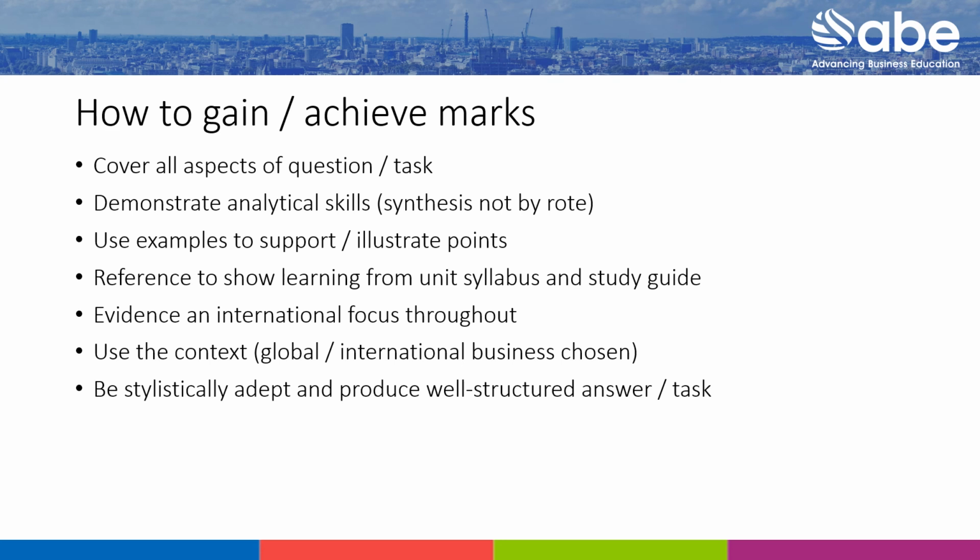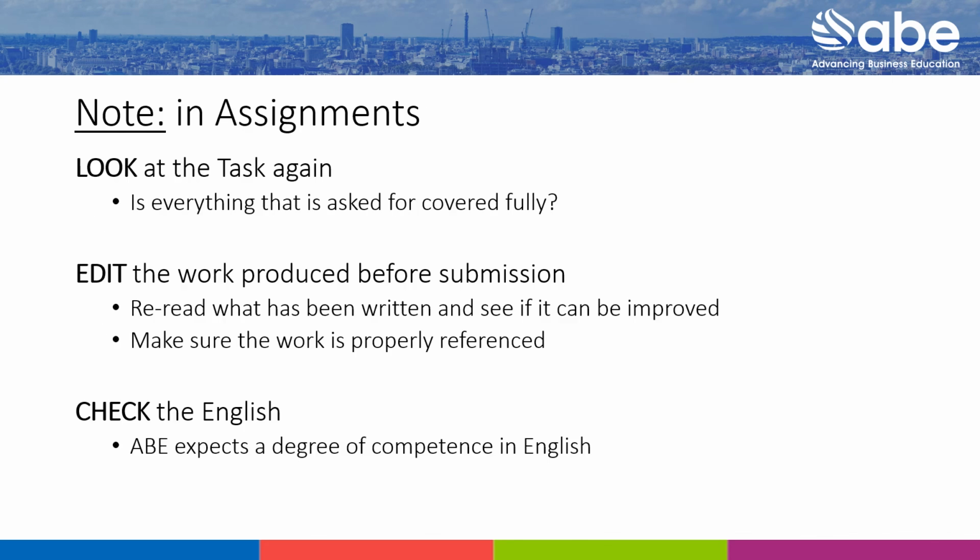Finally, the answer must be clear and unambiguous. So be stylistically adept and produce a well-structured answer and task. Producing a strong answer, particularly in assignments, is very much about looking at the task when you've written your assignment. Is everything that is asked for fully covered?